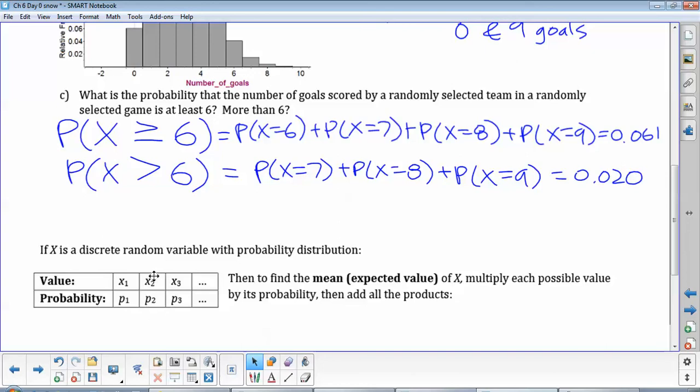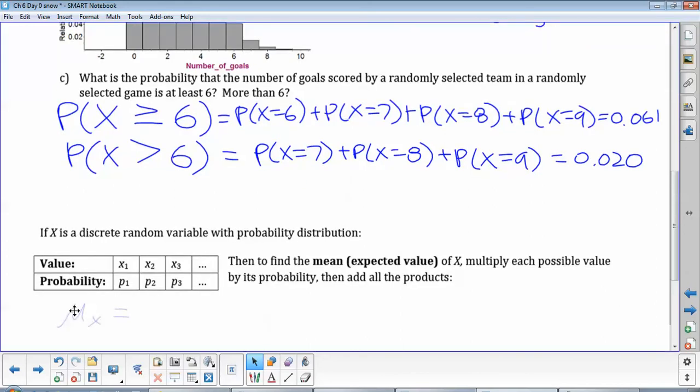Then to find the mean, and here we're introducing some new vocabulary, the mean is also known as the expected value of x. We're going to multiply each value by its probability and add the products. So I would take x1 multiplied by p1, add that to x2 multiplied by p2, and add that to x3 multiplied by p3.